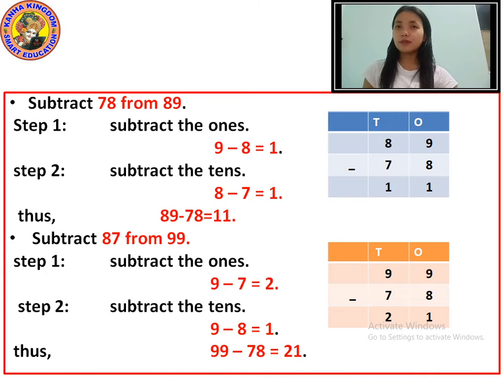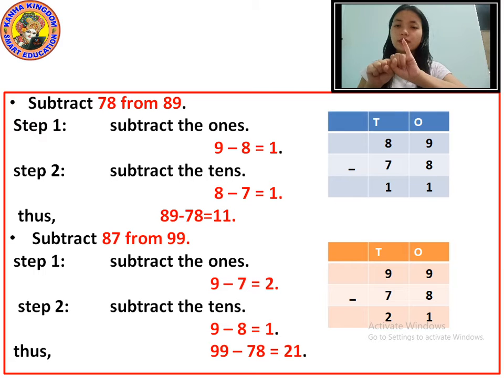So we have to subtract 7 from 8. See, 1, 2, 3, 4, 5, 6, 7, 8. We have to subtract 7: 1, 2, 3, 4, 5, 6, 7.